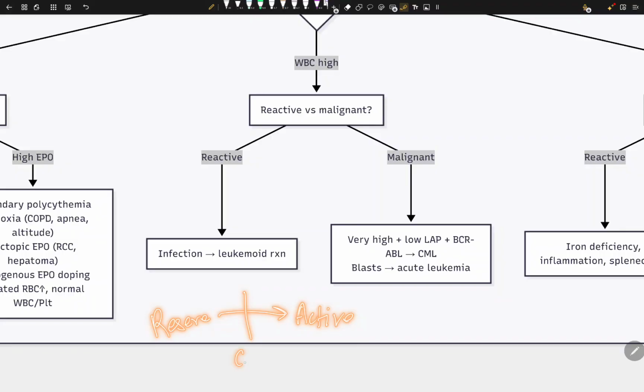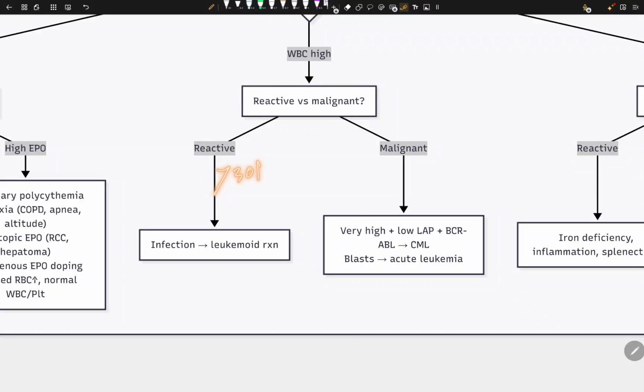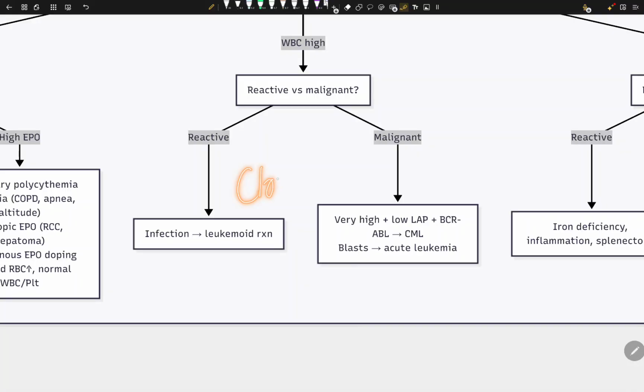And it's done via cytokines, by the way. So that is reactive. Now it's usually more than 30,000, okay? And we have some sort of infection, mainly, I don't remember the name of that infection. I remember it started with CLO, I don't know. I'm not a teacher, I'm just a student, just learning. So I can have some sort of memory problems, yes.